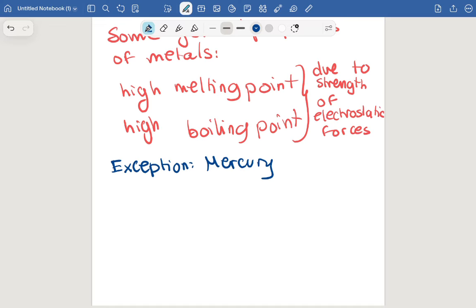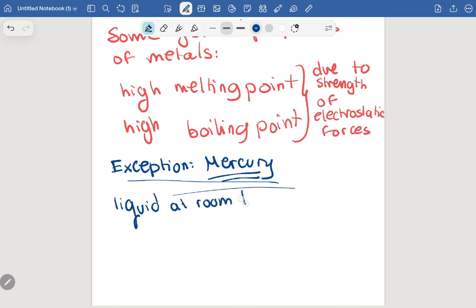But even though mercury is a metal, it still is a liquid at room temperature. Now, why is it a liquid at room temperature? We can say that mercury has weaker bonds than regular metals, and due to this, mercury's electrons do not move around very freely. So we say the only exception is mercury, which is liquid at room temperature, right?